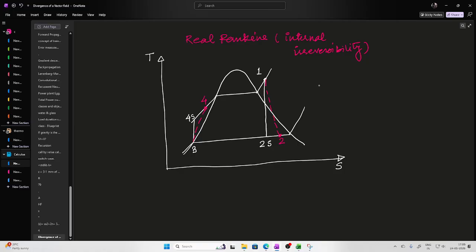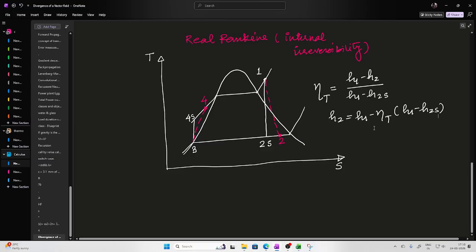The efficiency of the turbine will be equal to the actual work output, that is H1 minus H2, to that of the ideal work output, that is H1 minus H2S. So I know H1, I know H2S, I know the efficiency of the turbine. So H2 will be equal to H1 minus efficiency of turbine times (H1 minus H2S).